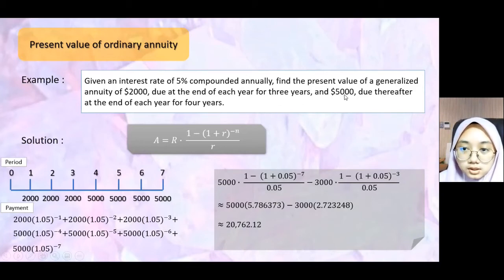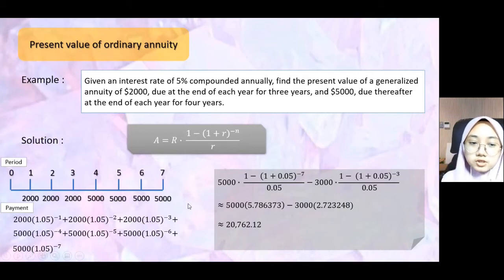The $5,000 here is also considered R, which is the payment, the value of an annuity that occurs at every period of time. So the $5,000 occurs at the end of each of 4 years.